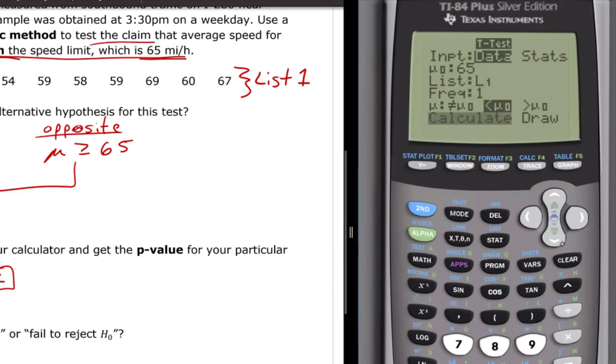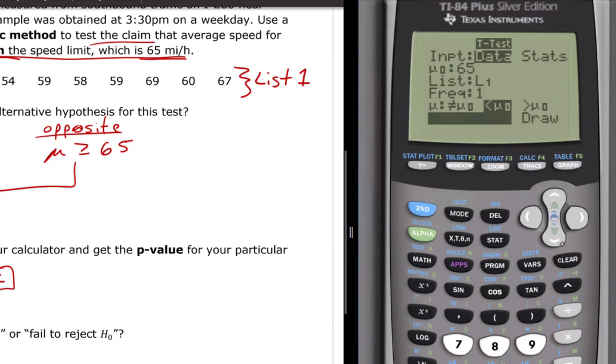As you can see here, I've entered my information into t-test. For input, I picked data because I was given my data, and for my null hypothesis, I put in 65. Of course, I put my data into list 1, and for the bottom line, I picked the less than symbol, since that's what my alternative hypothesis was.